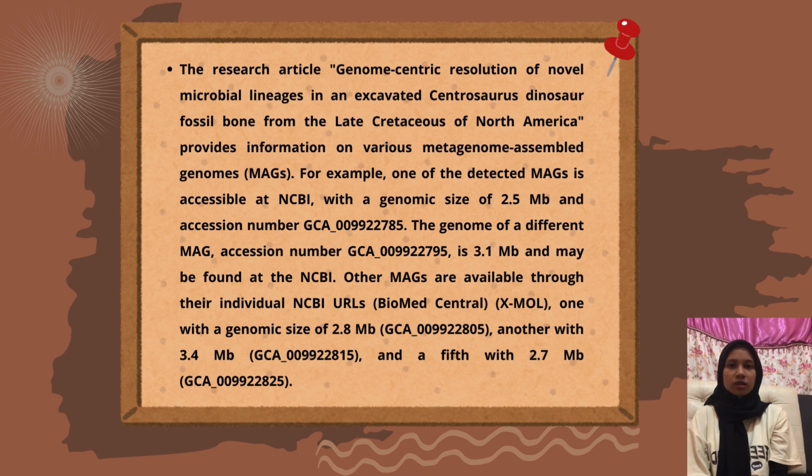Other MAG are available through the NCBI PubMed Central as well, one with a genomic size of 2.8 MB, GCA 0099222805, another with 3.4 MB, GCA 0099222815, and another with 2.7 MB, GCA 0099228025.